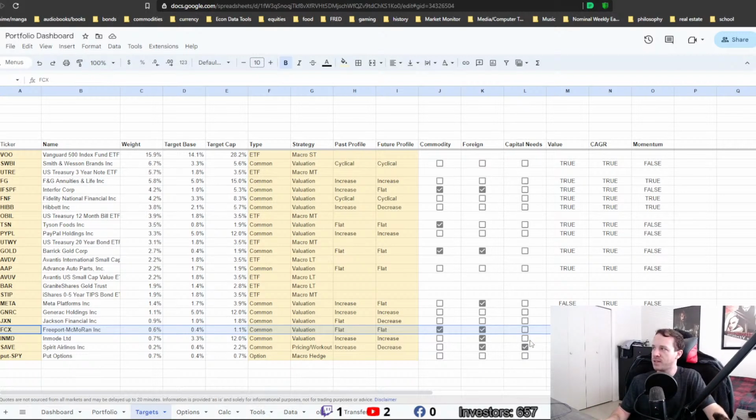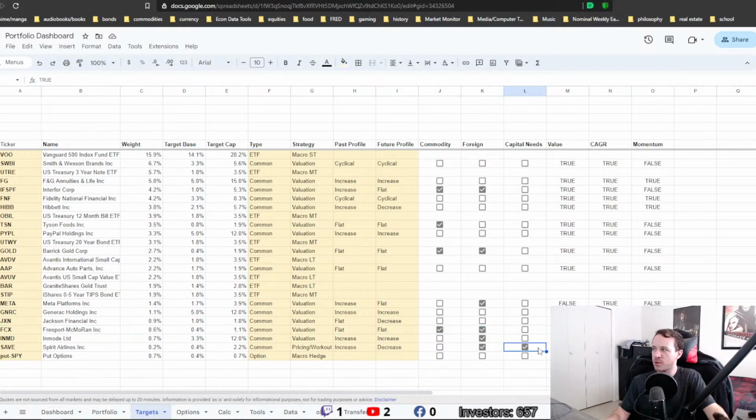And then, like I said, capital needs, that's just another extremely large risk. In fact, this has a pretty disproportionate effect on the allocation system. That's why Spirit has a pretty low base target in general. But this would also apply to any more speculative position that I might take on.